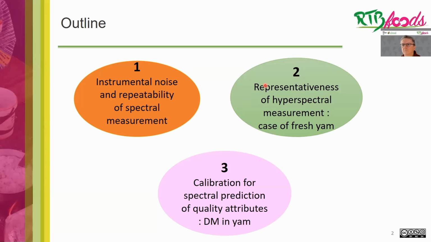The second part is dedicated to the measurement and determination of representativeness of hyperspectral measurement, where we will take the case of fresh lamp. The third and last part is dedicated to the calibration for spectral prediction of quality attributes, where I will show you the case of trimatter in lamp.